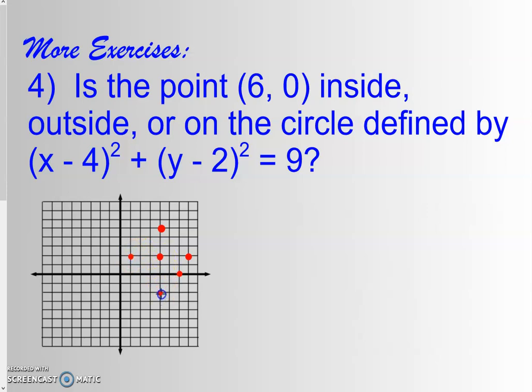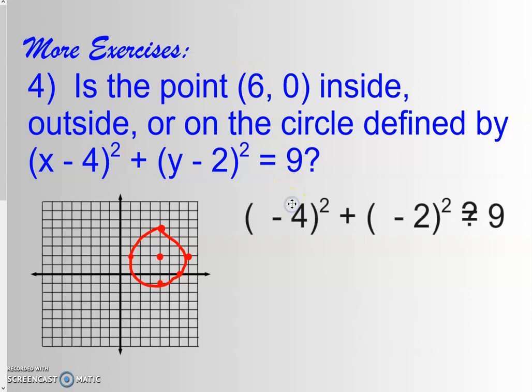And maybe if I draw the perfect circle, you've seen me draw those perfect circles in class, then we could see if this is in, on, or outside. Oh, that's not a good circle. Well, that's not really going to help. So maybe what we could do instead is think about this a little bit.